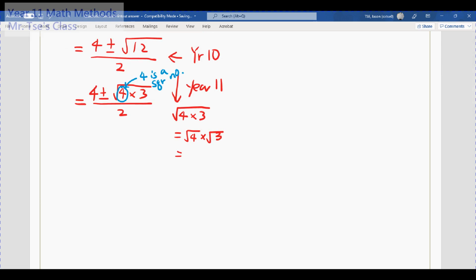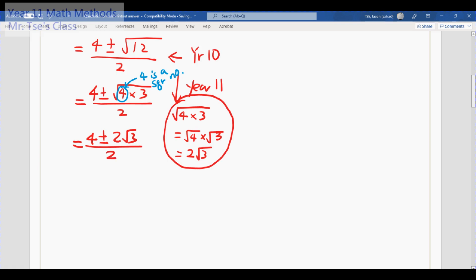Square root 4 is 2, and 3 is still square root 3, it can't be further simplified. So after this, you will have 4 plus or minus 2 square root 3.